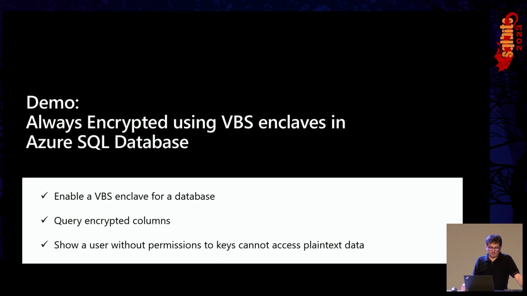And finally, we'll show that a user who doesn't have permissions to the keys protecting your data, column master keys as we call them in Always Encrypted, cannot access plain text data, which is the key point in achieving data sovereignty, right? And controlling access to the data.